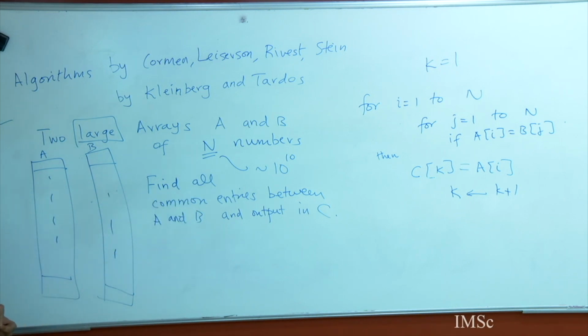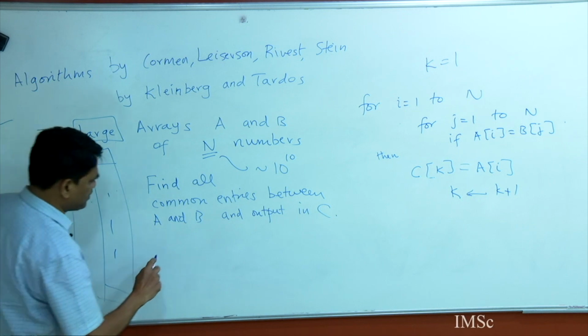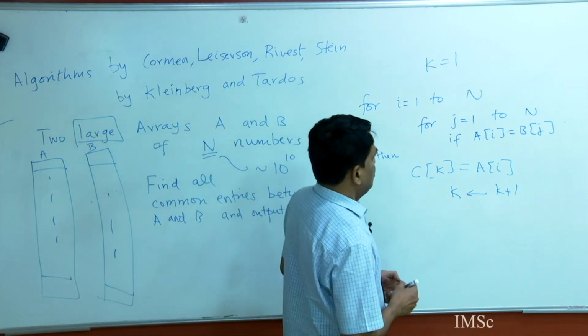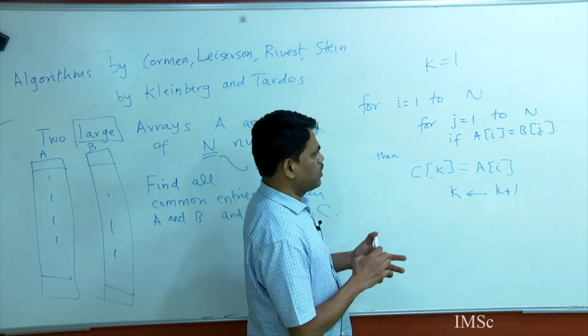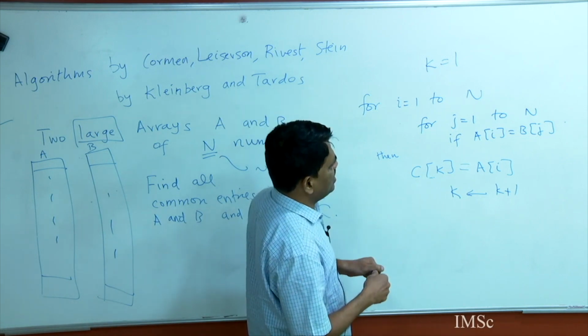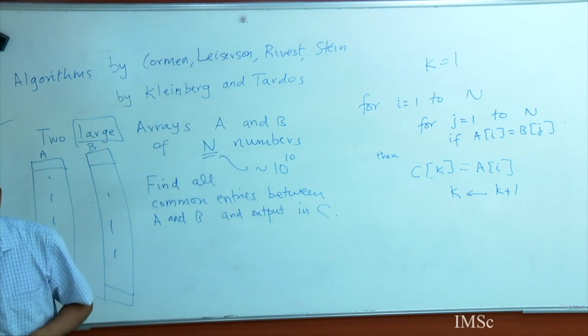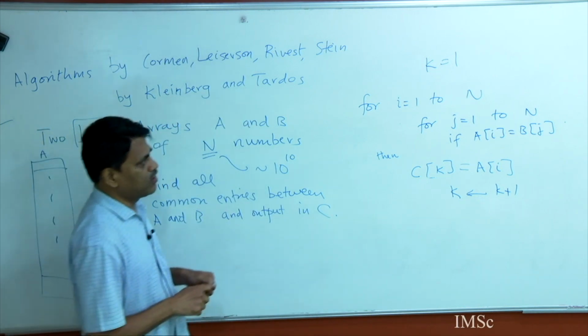Good. So now let's analyze this algorithm, right? How many quote unquote steps does the algorithm take? Well, how do you analyze it? We'll just see what are the things that are happening. N square steps, right? Okay, good.